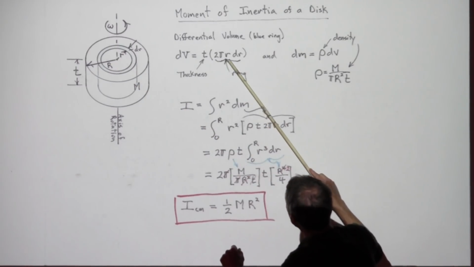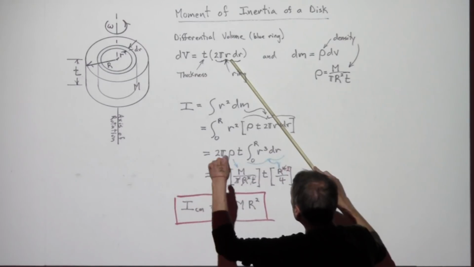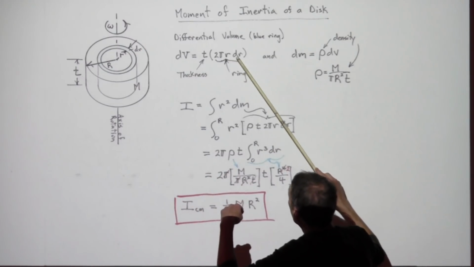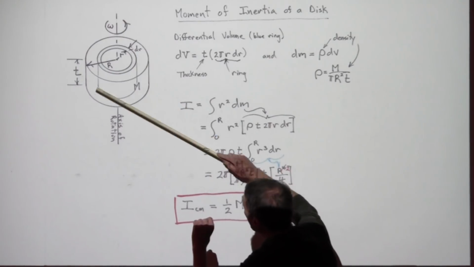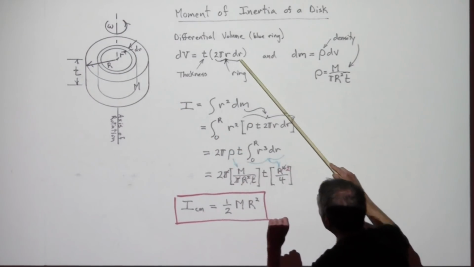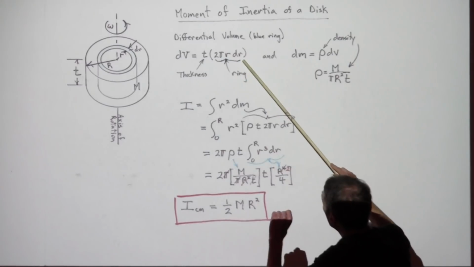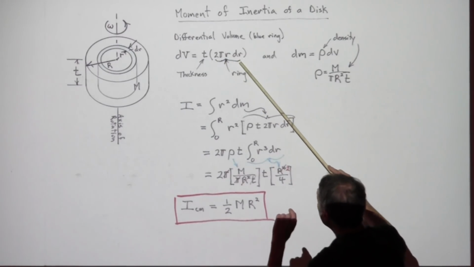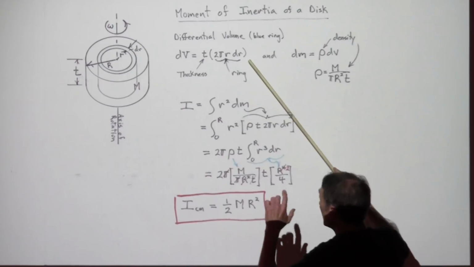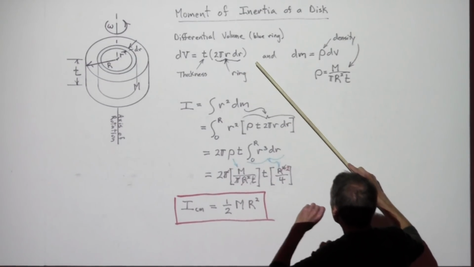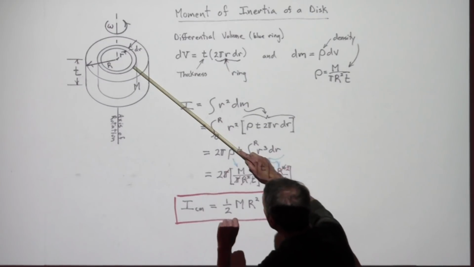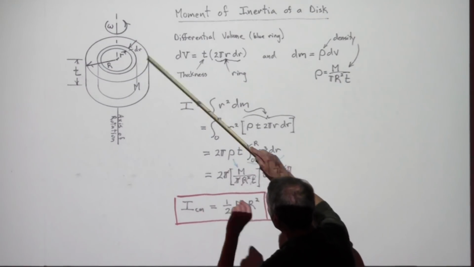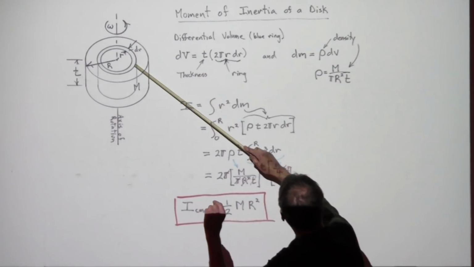So 2 pi r would be the circumference of that thing. Times dr would be the width of that, and it's going to have a length of t, so this should be t times 2 pi r dr. You want to get used to this. You will be seeing this kind of stuff if you haven't seen it already, like in calculus. This is going to be the small differential volume.